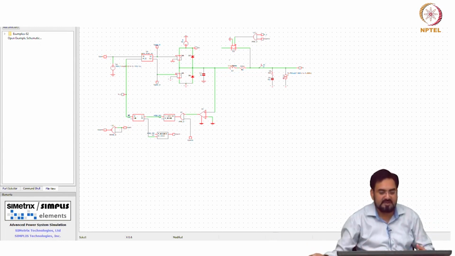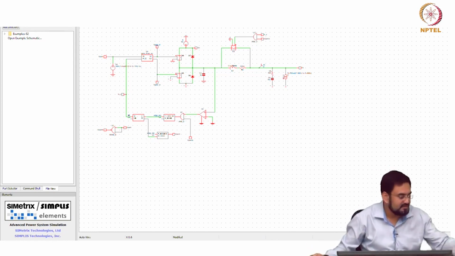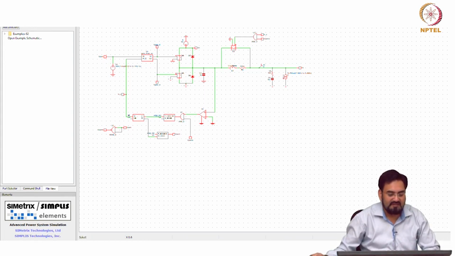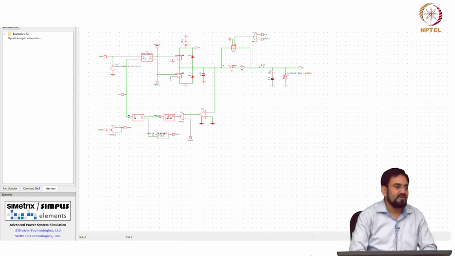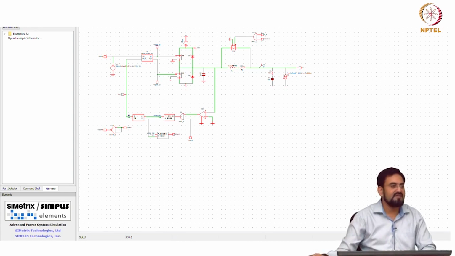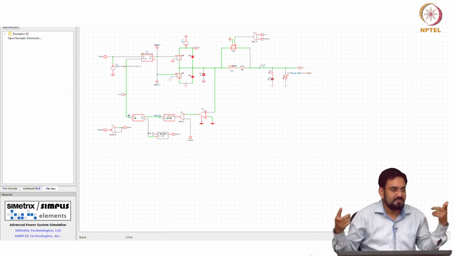If I connect this switch in parallel to this, it will do the same thing. So, the moment I detect the 0 cross, I will turn off this FET, and to avoid the ringing I will turn on this switch also. So, it will short the two ends of the inductor and you will fully discharge the inductor actually.